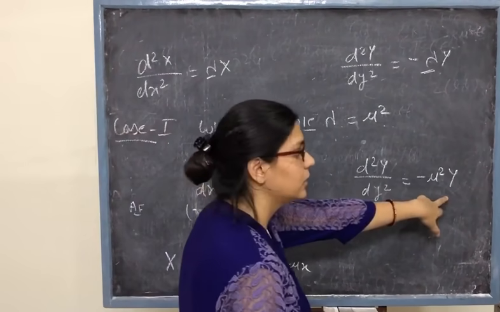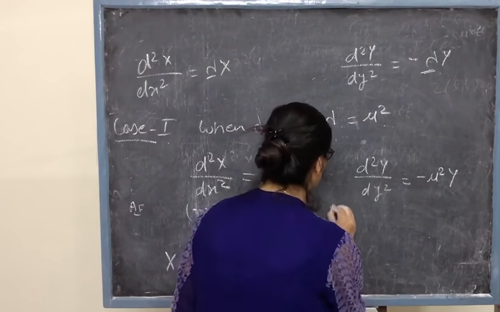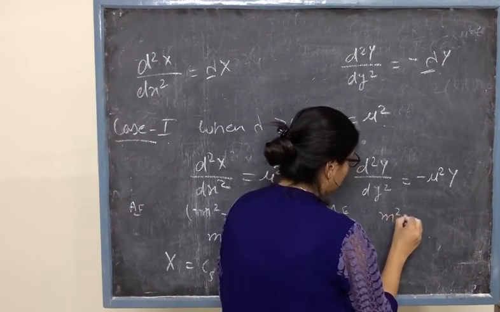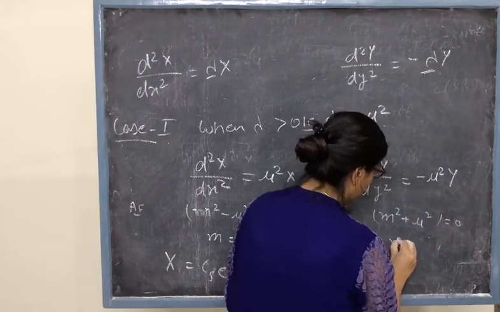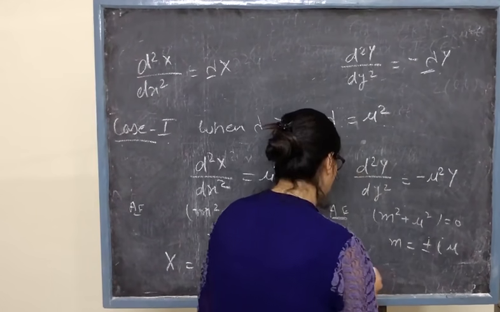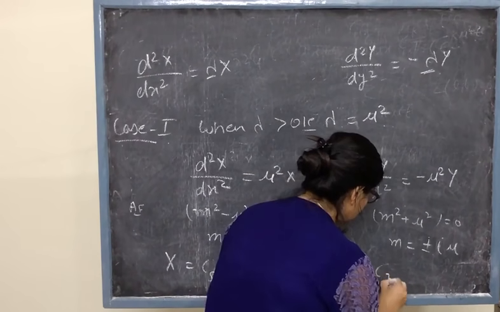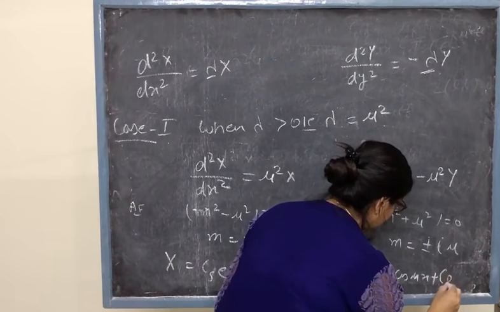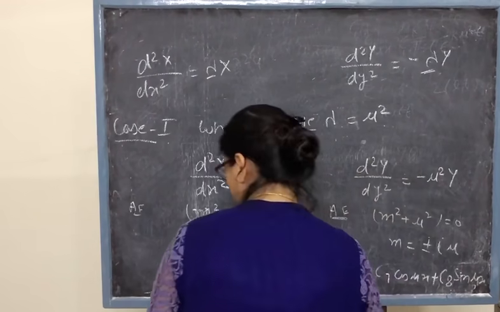For the y equation, the auxiliary equation should be m² + μ² = 0, and on solving we get m = ±iμ. So Y = c7 cos(μy) + c8 sin(μy).